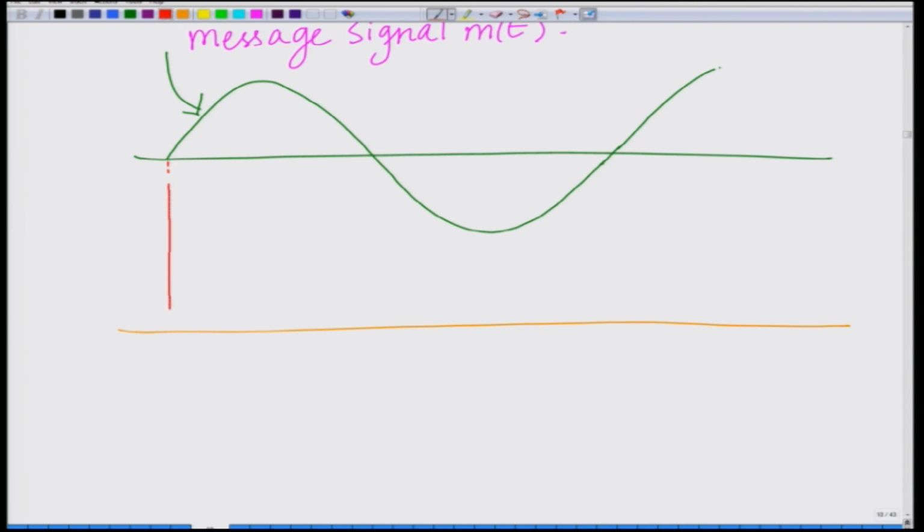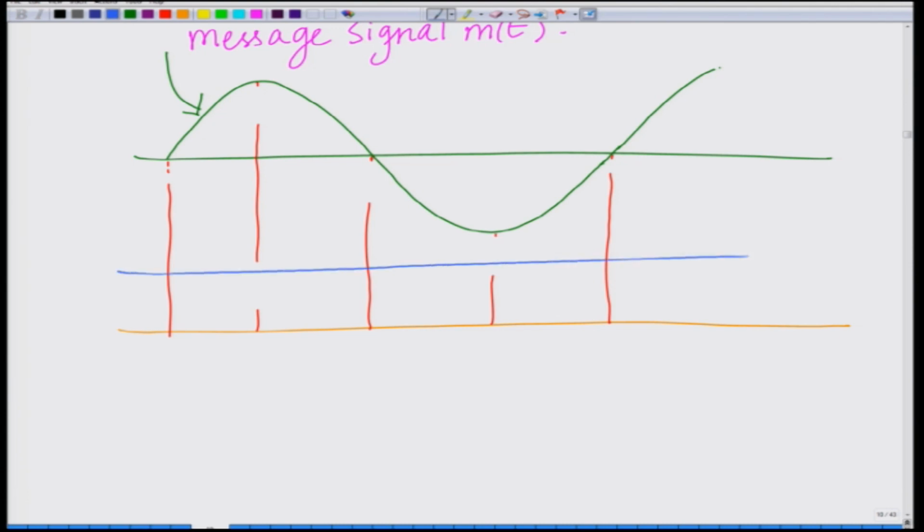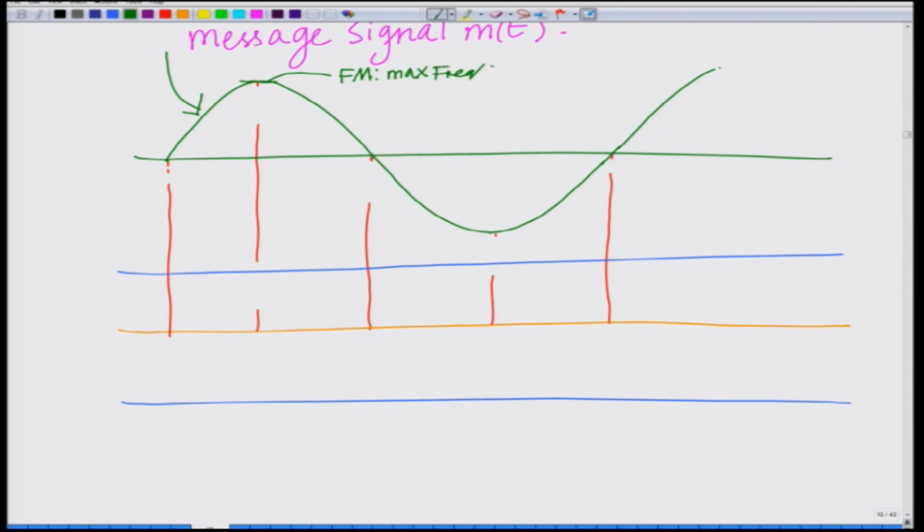Now, if you look at this, there are a couple of points which are of special interest, correct. So, I have a carrier which is modulated by the message signal m(t), and now you can clearly see that in this part where the message is high, remember the message is modulating the frequency. So, for FM, this part will be the maximum frequency.